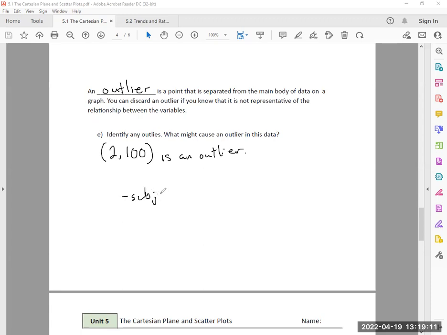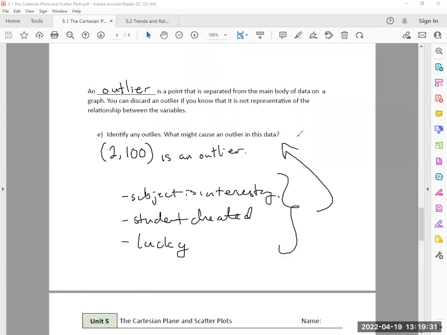Subject of interest, right? Subject is interesting, right, to the student. Maybe the student cheated, right? Maybe they got lucky in guessing all the answers, right? I don't know, okay? But either way, the answers can vary. I do not know.